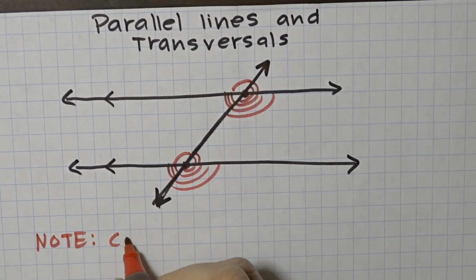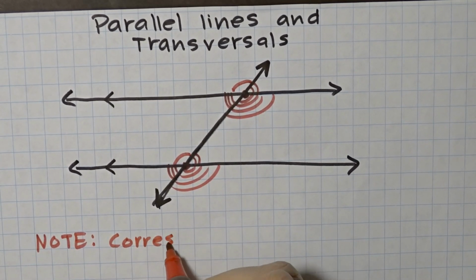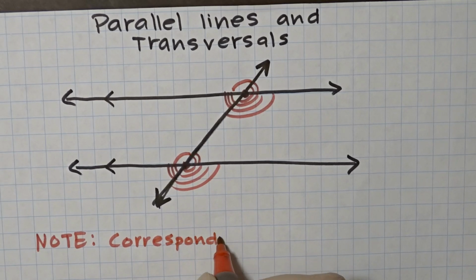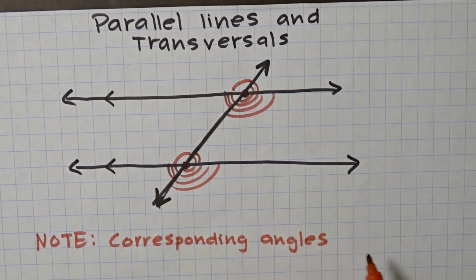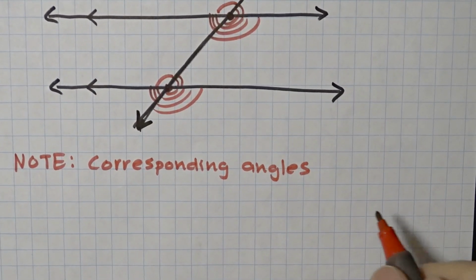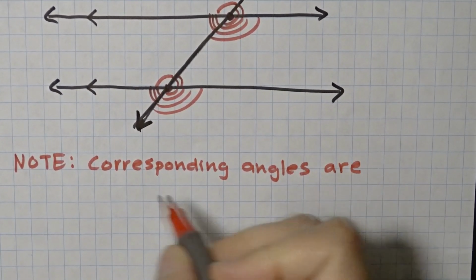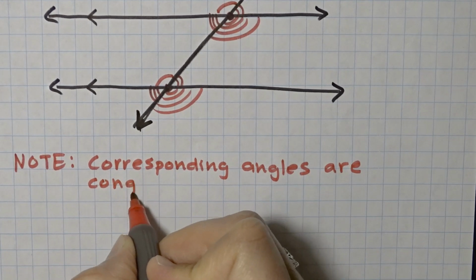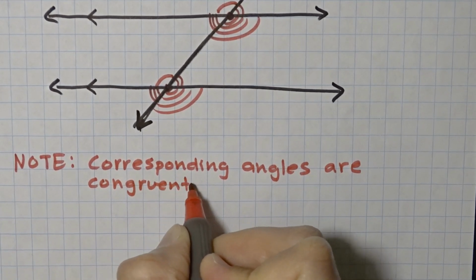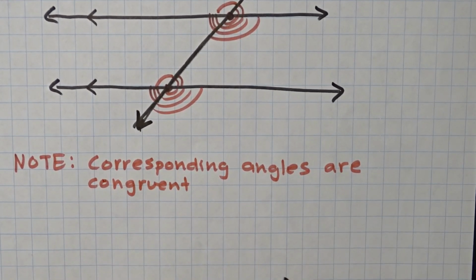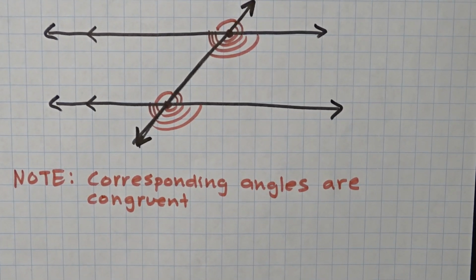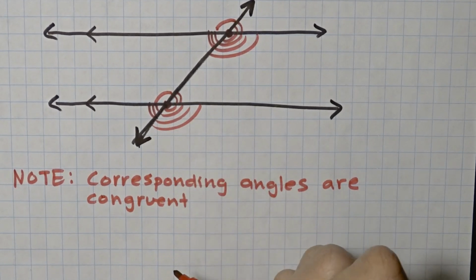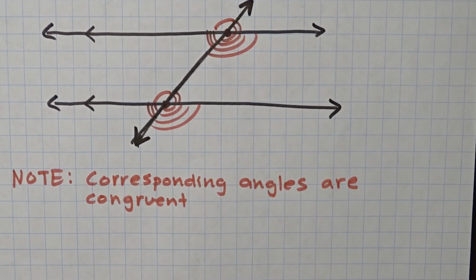So let's write that down. Corresponding angles are congruent. Corresponding meaning in the same position. So you look at the position of one angle on one intersection, it has to be in the exact same position on the other intersection, and then we can call them corresponding.